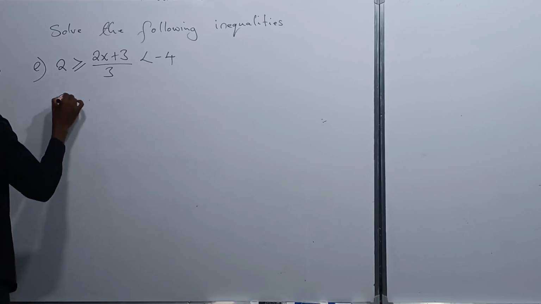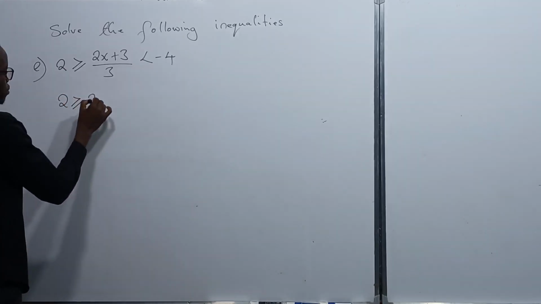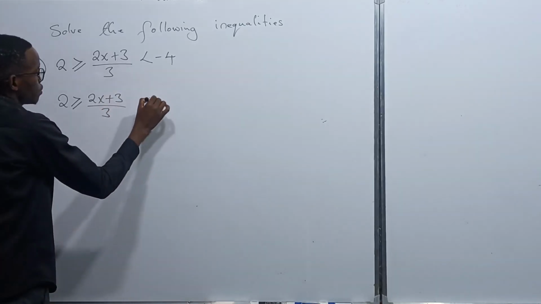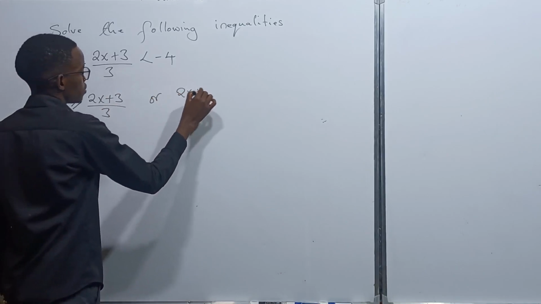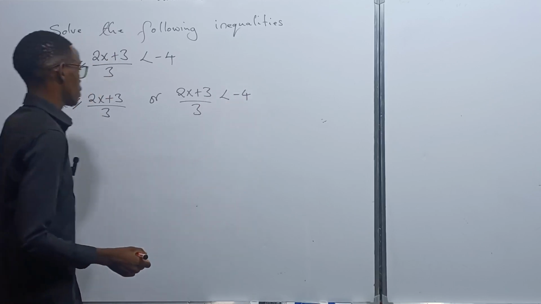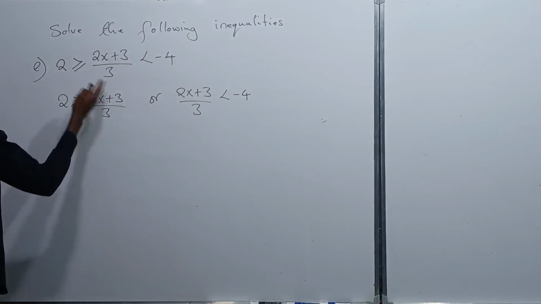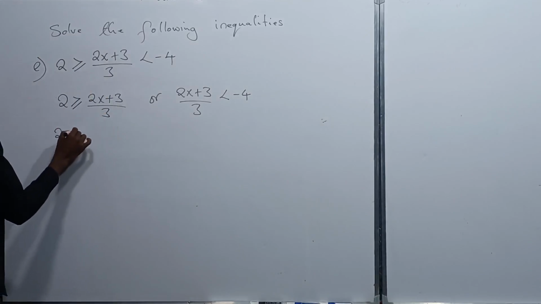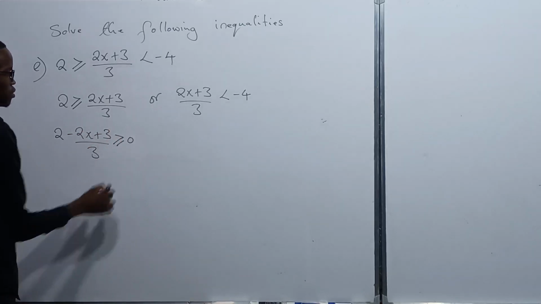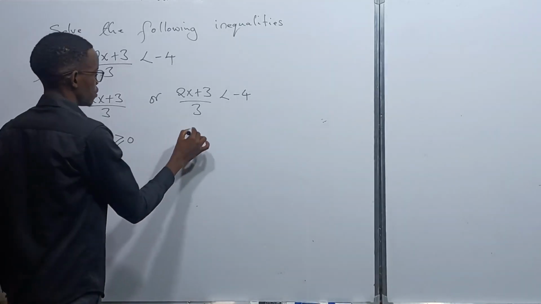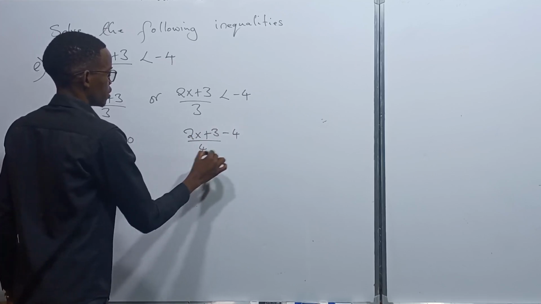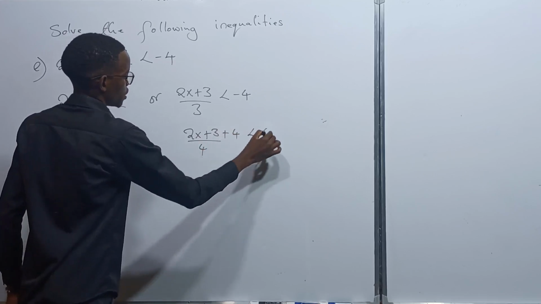So this will be 2 is greater than or equal to 2x plus 3 over 3, or 2x plus 3 over 3 is less than negative 4. So then we shift this to the other side. So we're going to have 2 minus 2x plus 3 over 3 is greater than or equal to 0. Then this side, we have 2x plus 3 plus 4 is less than 0.